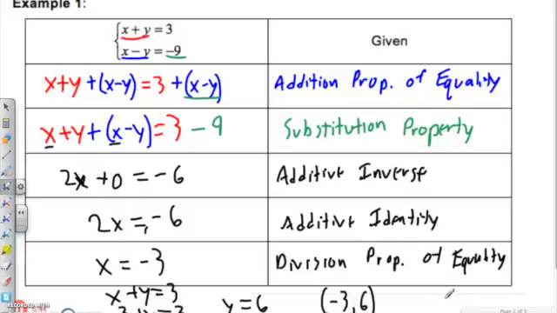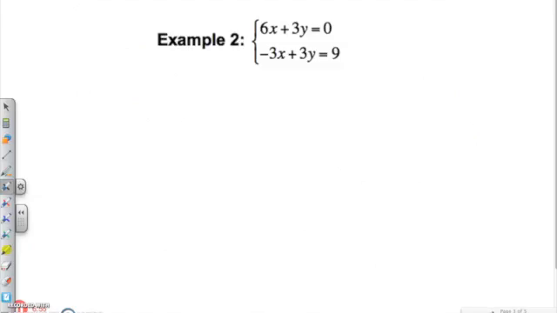Alright, so let's go ahead and take a look at some examples that we can work without having to give all these proofs. We just wanted you guys to see the justification and the proof as to why this method works. So we have 6x plus 3y equals 0, and we have negative 3x plus 3y equals 9. Now, we want to look for a way to be able to combine these.